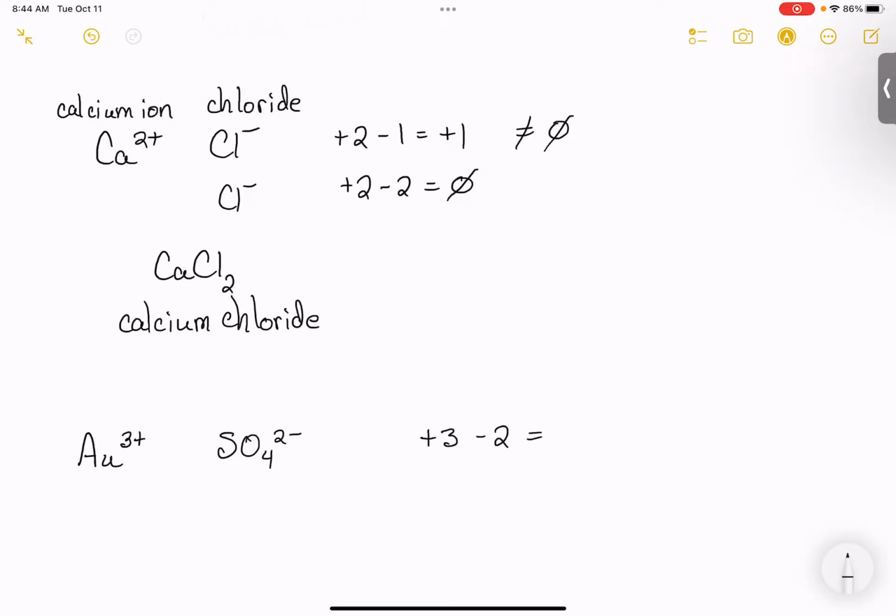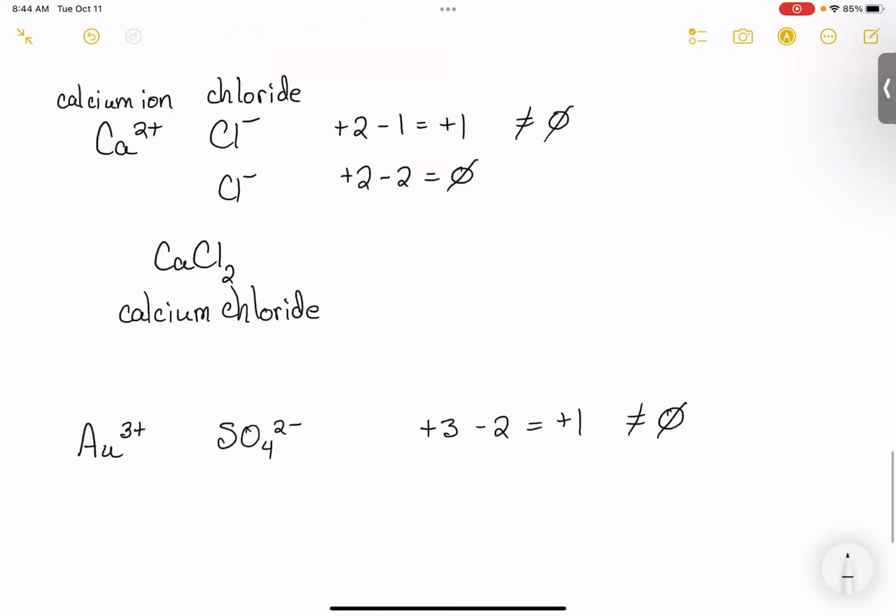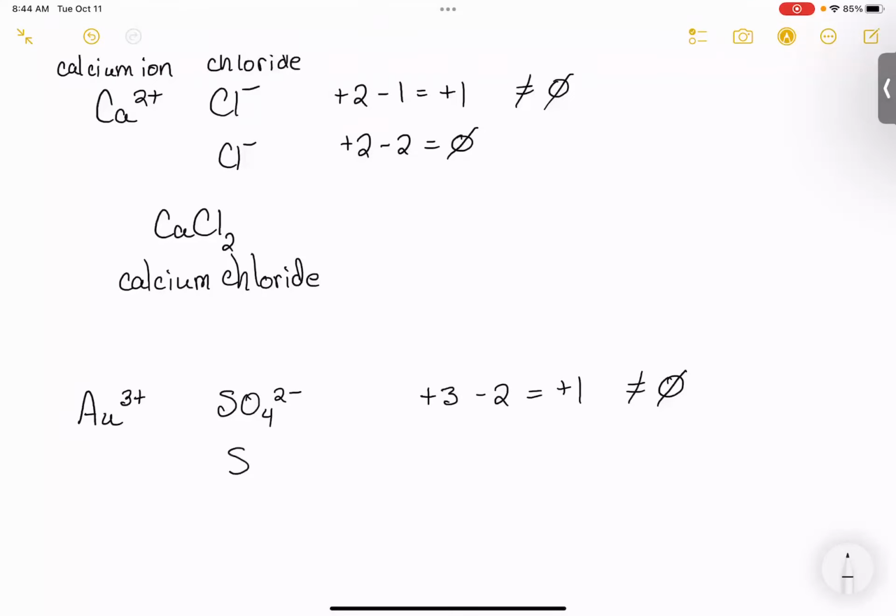That equals a +1. So since it does not equal 0, we don't have the correct amount. Right now, the anion is in the lowest quantity, so we're going to add another anion to it. When you do so, you have +3, and now because you have 2 sulfates, it's a -4. So that gives us a -1.